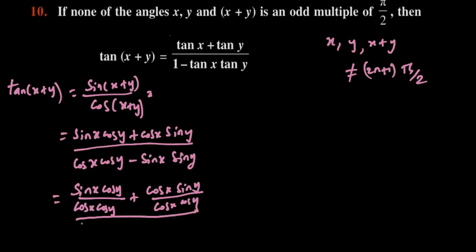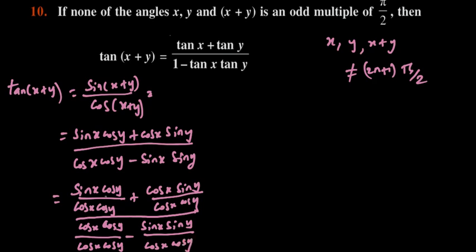In the denominator, the first term is cos x cos y divided by cos x cos y, minus the second term sin x sin y divided by cos x cos y.